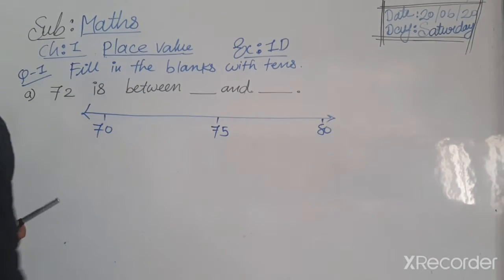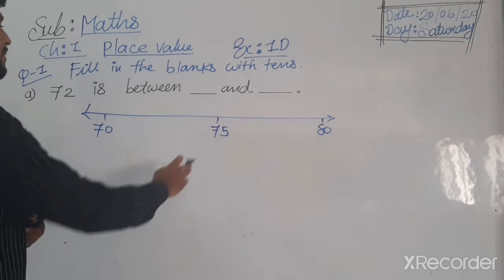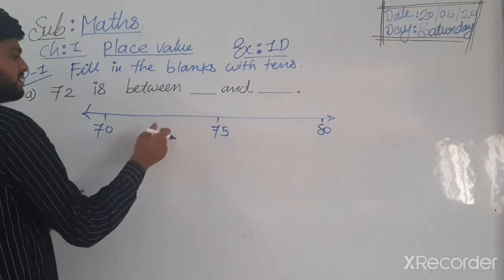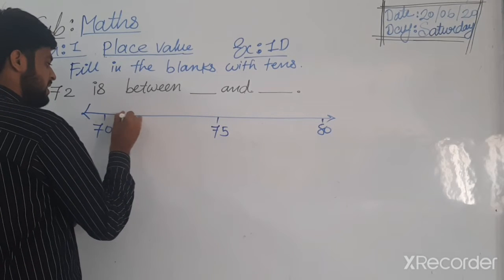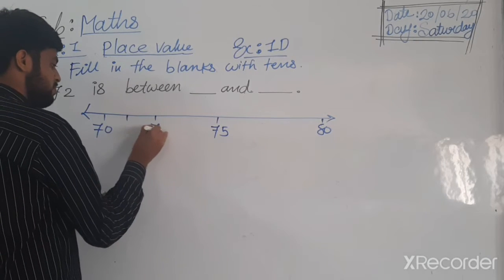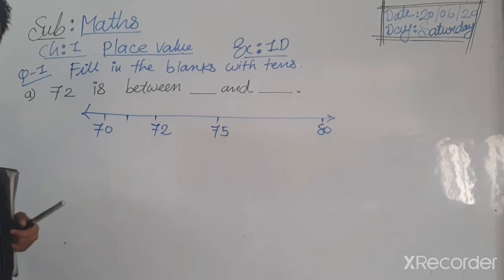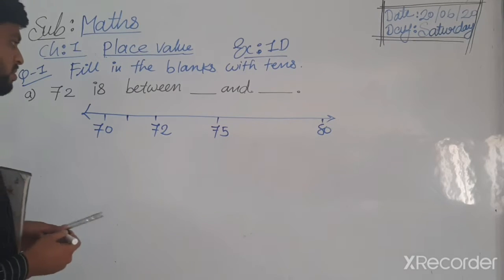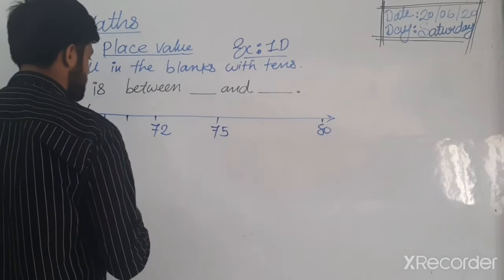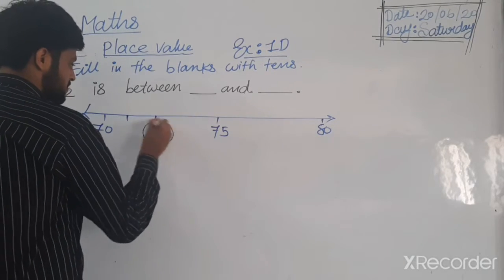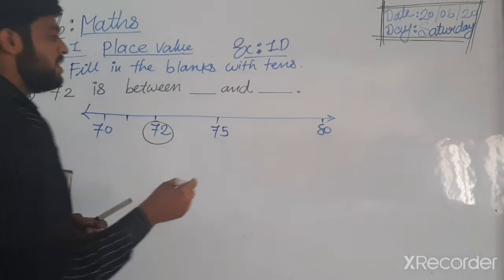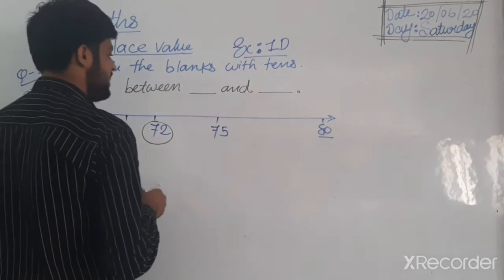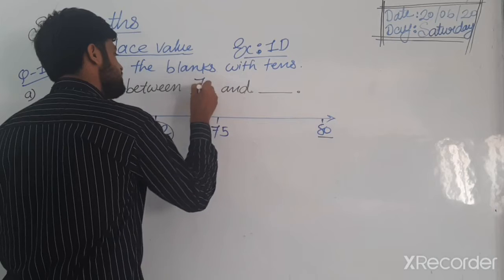Now our question is: does 72 come before 75? So we write 72 here, and now we round this number. So what is the answer here for us? 70 and 80.